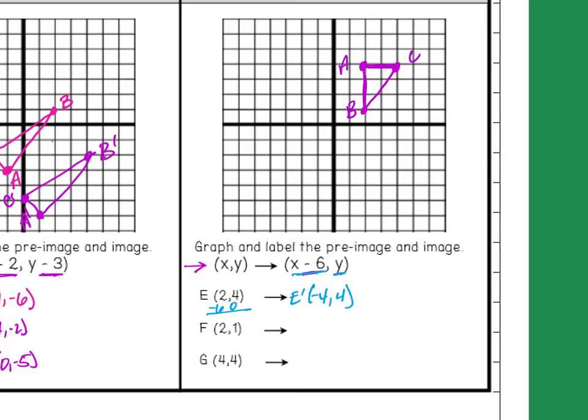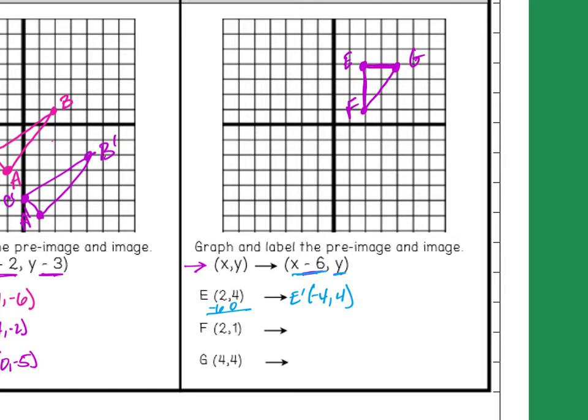I don't know why I labeled them A, B, and C, by the way. Let me fix that. What the heck? Let's try this again. So this should have been E, F, and G. Okay. So -4, 1, 2, 3, 4.